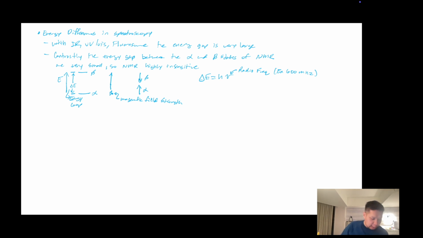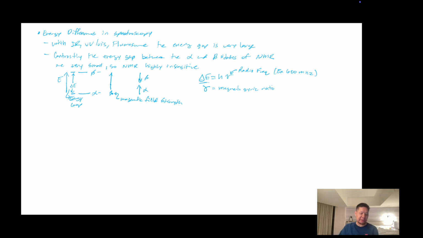And so the way that we can calculate what the energy gap is between these two states, the alpha and the beta state, is we have an equation that is dependent on this next thing here, which is gamma. And gamma is the magneto-gyric ratio.